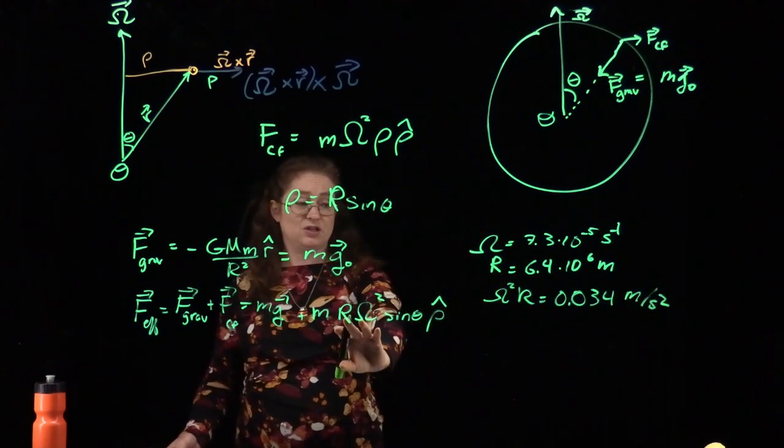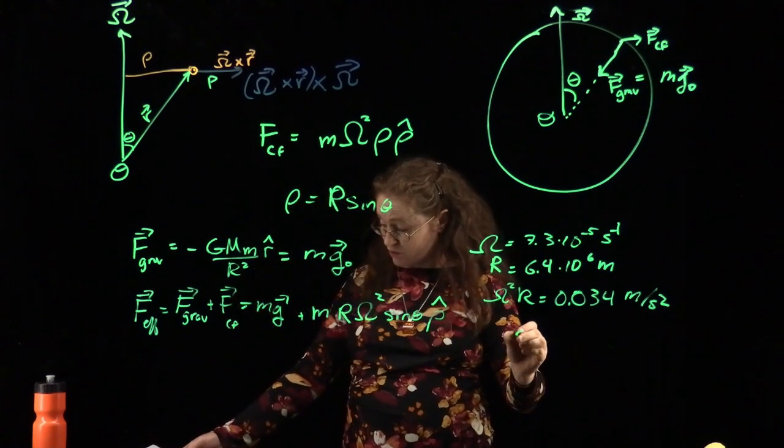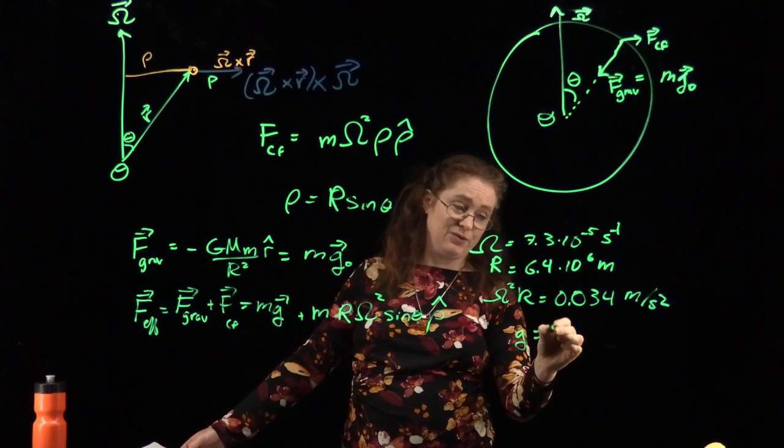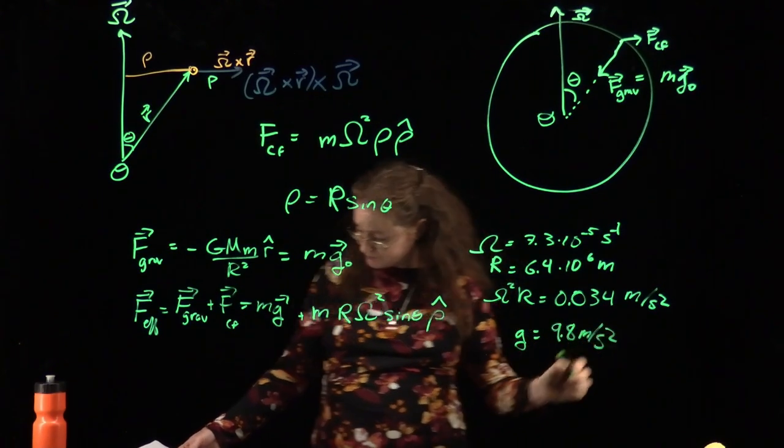So this term here is small because we should compare to g equals 9.8 meters per second squared.